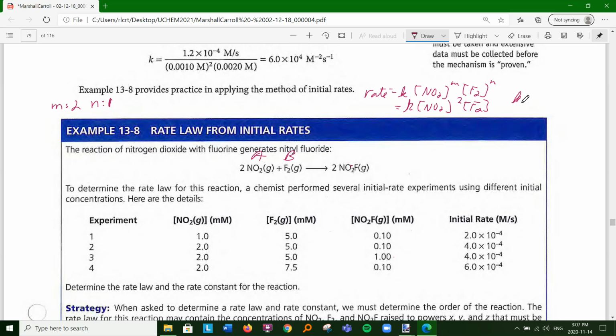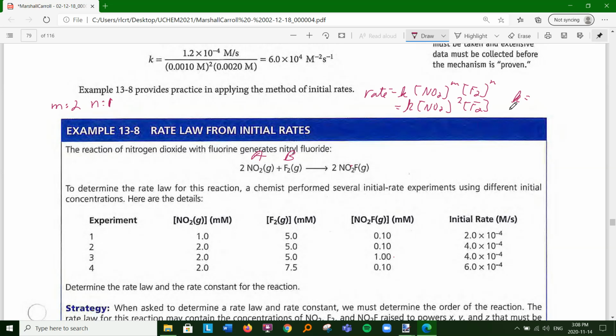And my value of K, if I just use data from the first set, so the rate is 2 by 10 to the minus 4 divided by NO2, that's 1 squared times 5, so that's 4 by 10 to the minus 5. Careful now, I got the millimoles in there, son of a gun.